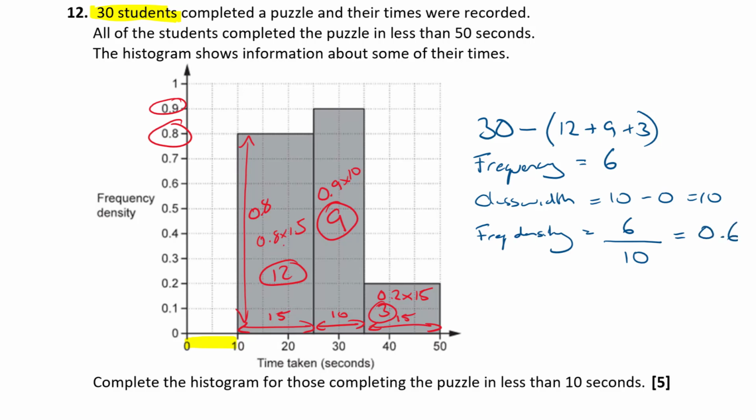So I'm going to have to draw my bar with a width of 10 going from 0 to 10 and a height of 0.6. Okay, so just going to turn auto shape on and cheat. So my wonky bar turns into a nice neat one. There we go. And then just shade it so it's a bit clearer. So that's the bar I needed to add. Height of 0.6, width of 10.